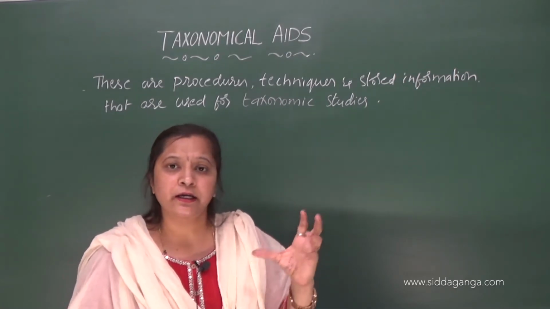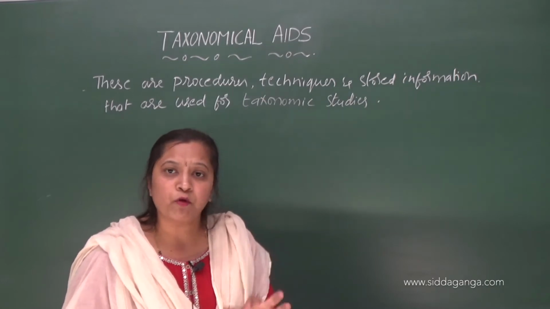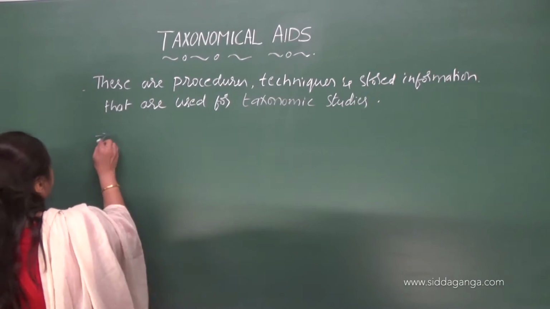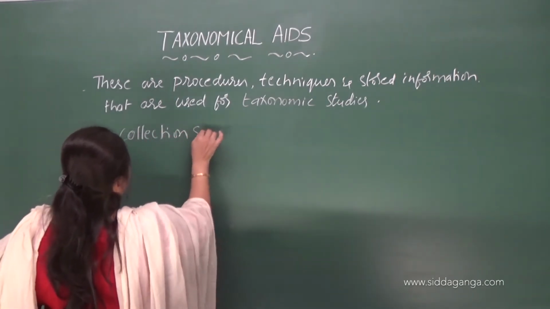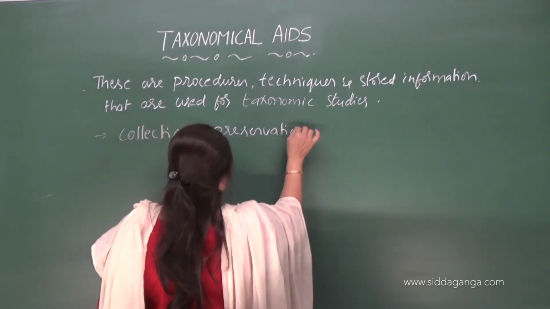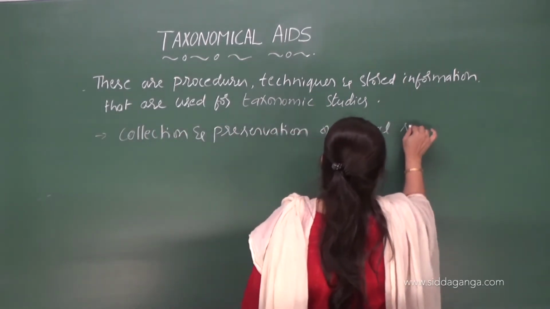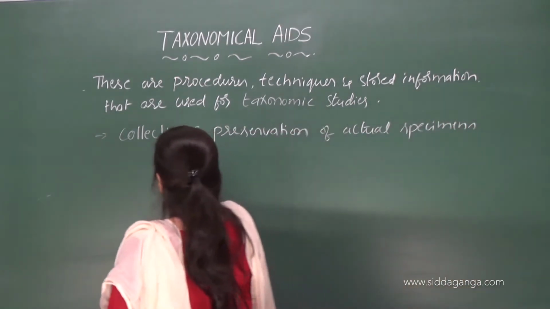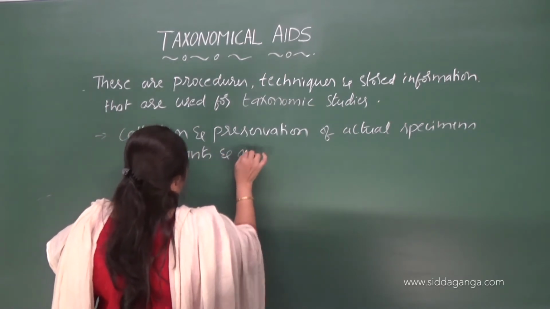That requires intense laboratory studies and field work. But the first and prime source for taxonomic studies is the collection and preservation of actual specimens of plants and animals.